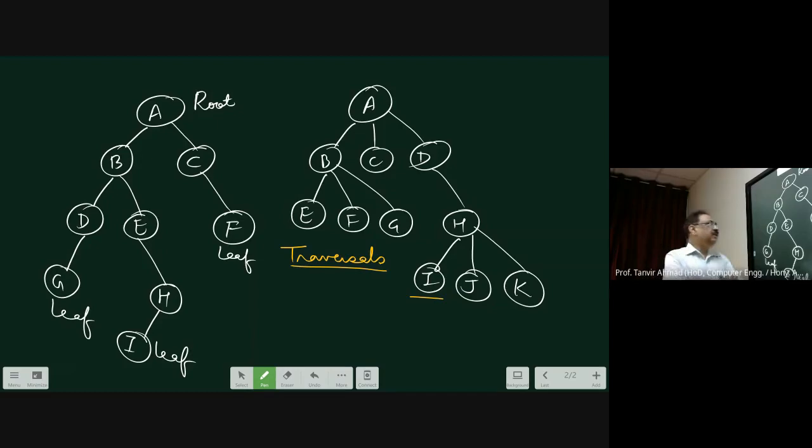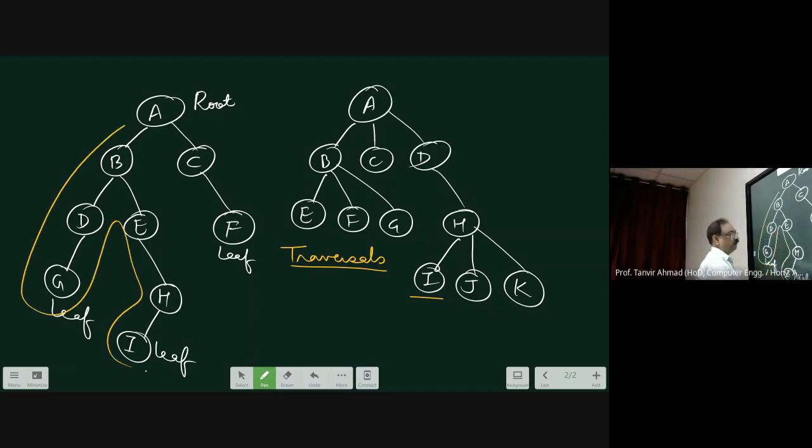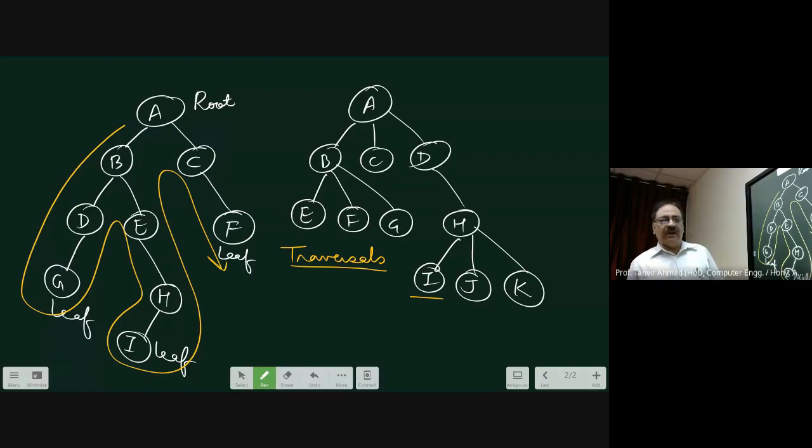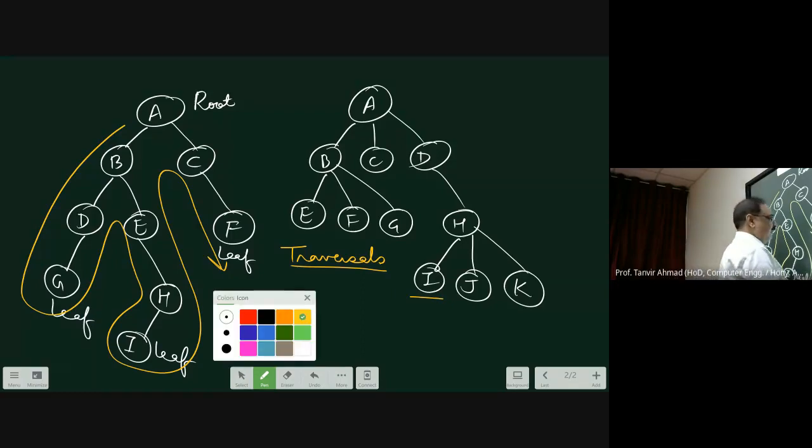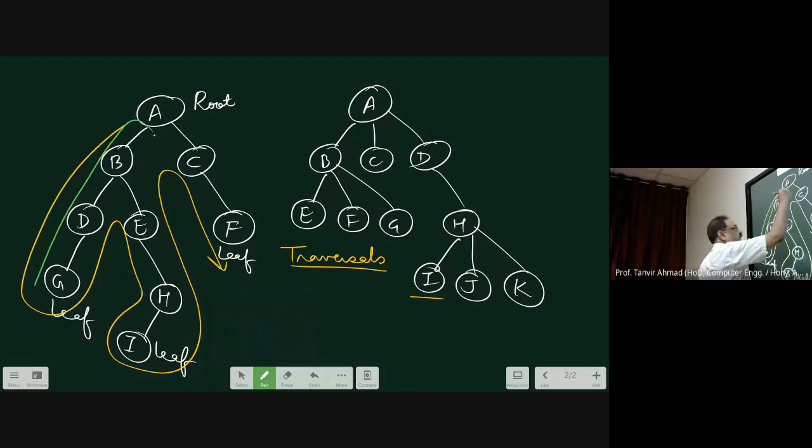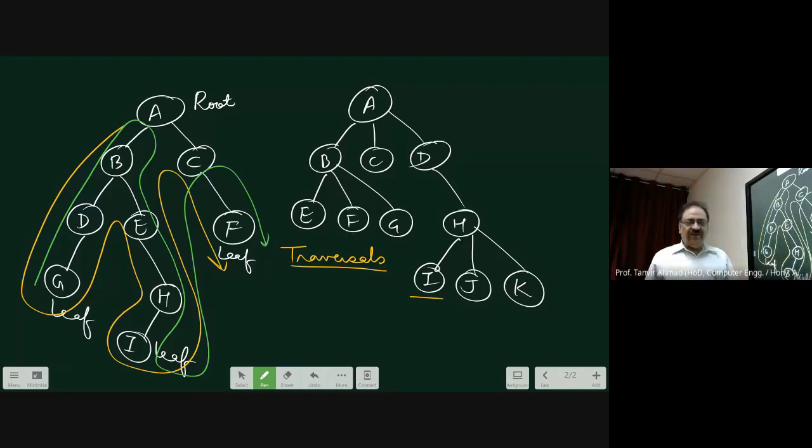For example, I might read like this. This could be one way that I am going to read. I can read it like this, which is nothing but one type of traversal. Or I can read in the other way like this. I might read like this, maybe like this. This way, starting from the bottom, I can do this.